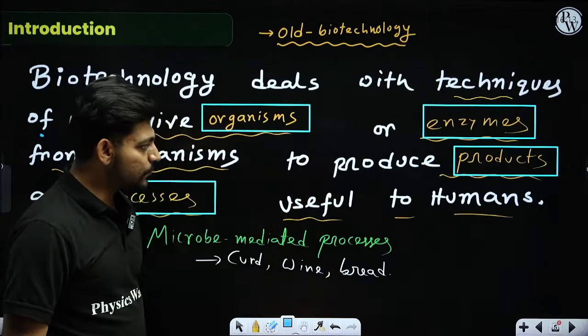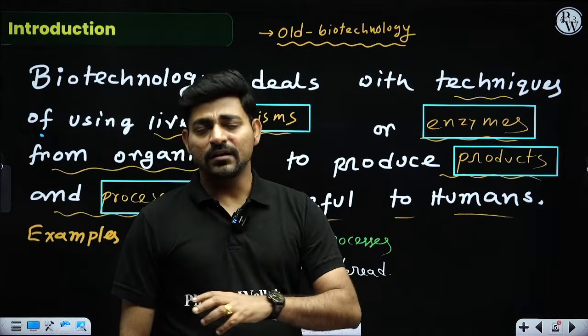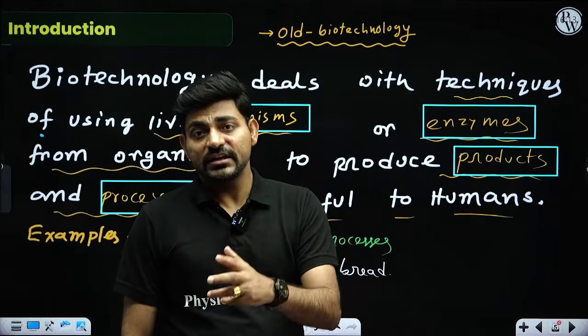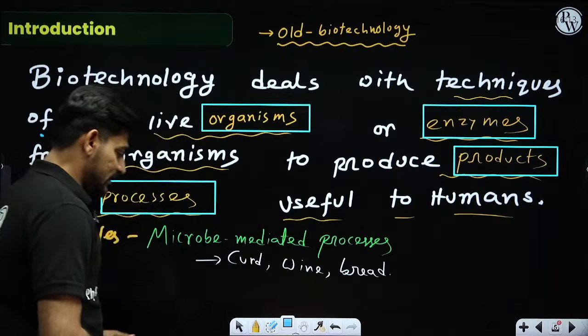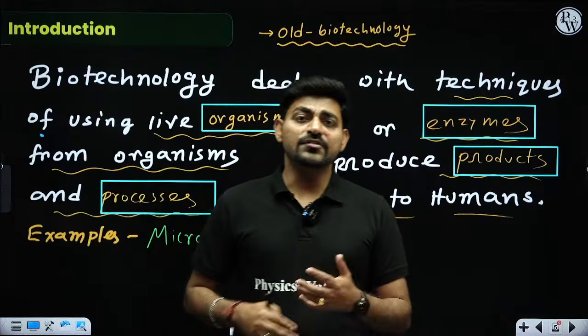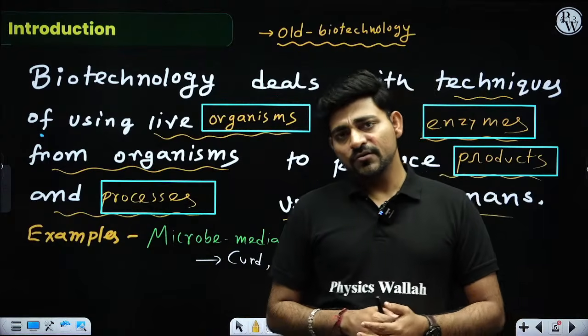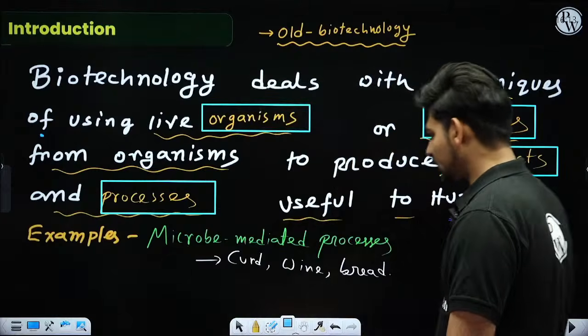Products include proteins, enzymes, and newly formed genetically modified organisms. Processes include the PCR technique, polymerase chain reaction, the gel electrophoresis technique, the autoradiography technique, and many more.